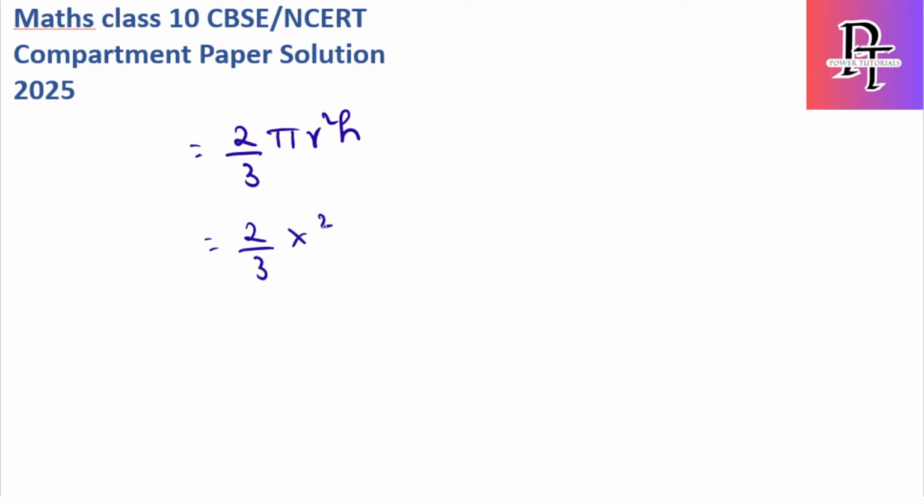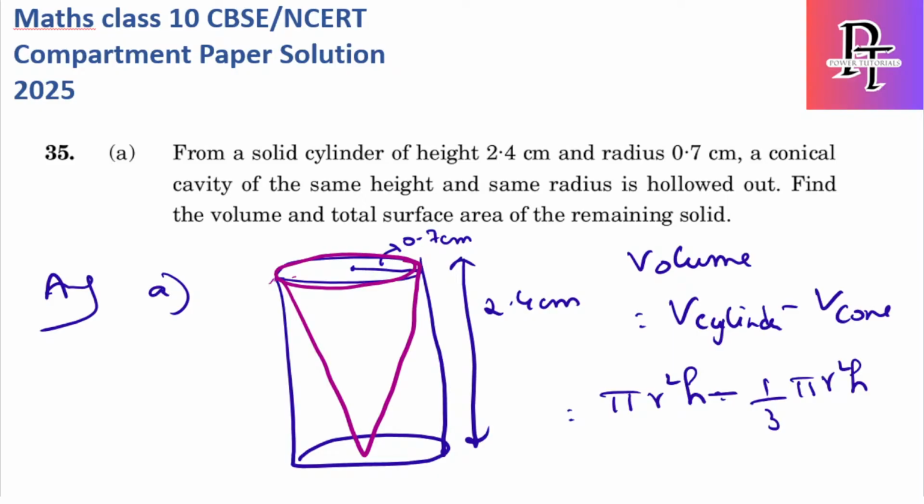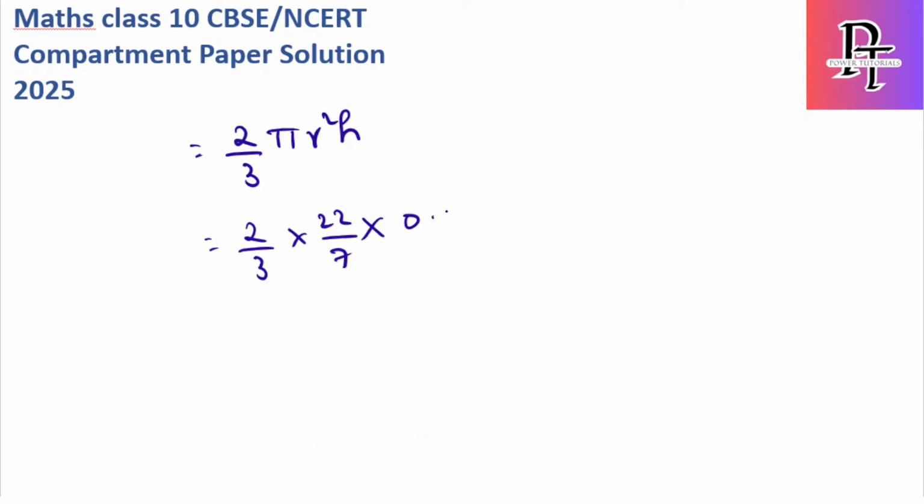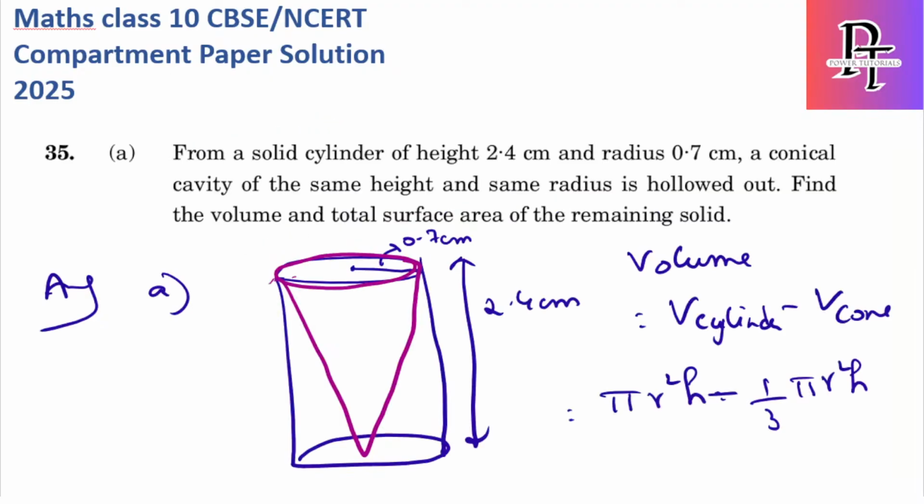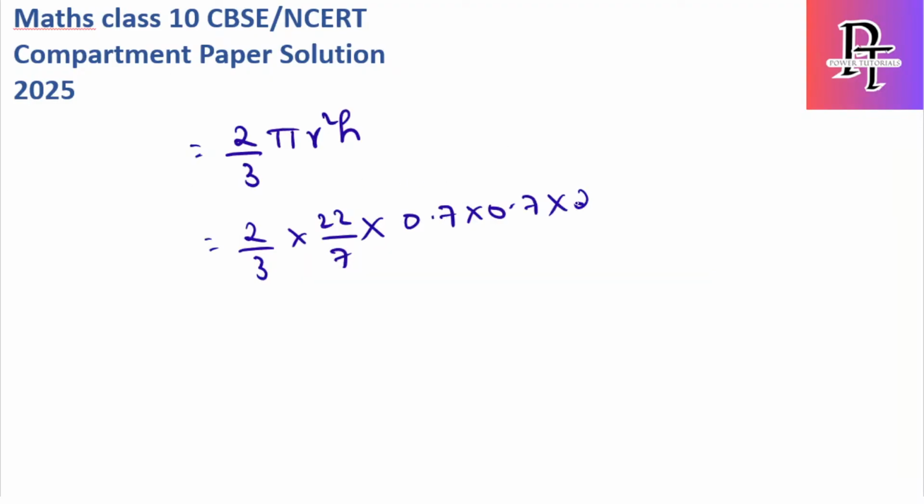Pi I am using as 22 by 7. The radius value is how much? 0.7. So it will be 0.7 into 0.7 into the height of the cylinder, which is 2.4. Okay, let's check for any calculations. 0.1, 3, 0.8. So this becomes 2 into 22 is 44. 44 into 0.1 is 4.4 into 0.7 into 0.8.